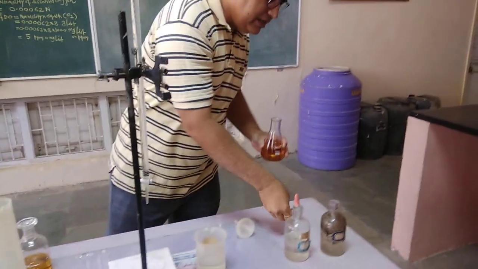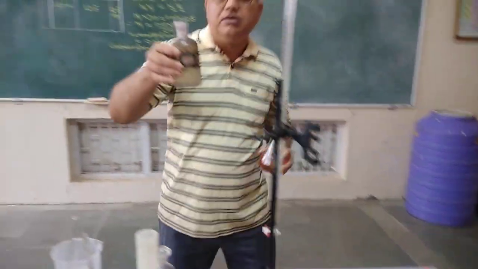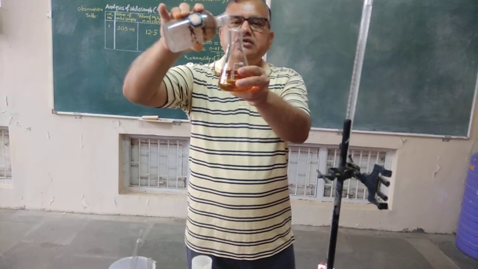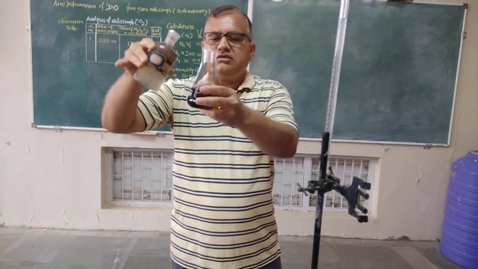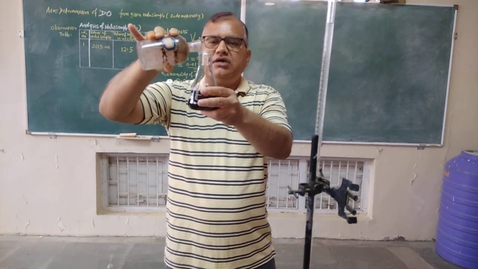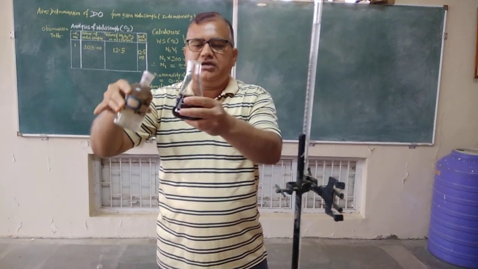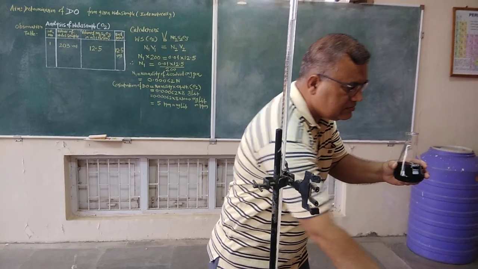So directly with the help of this bottle you add a starch indicator. You know that this starch reacts with iodine and forms a blue color complex.